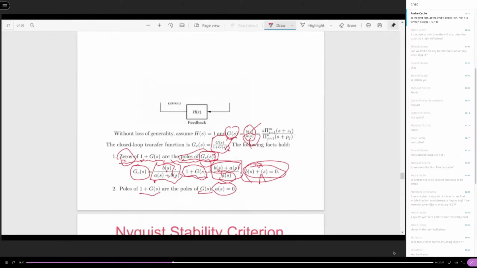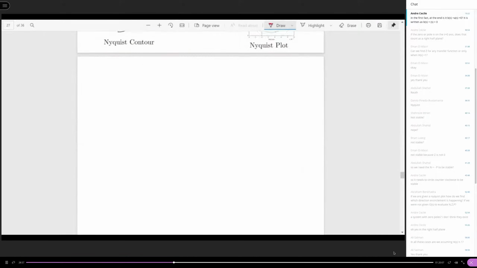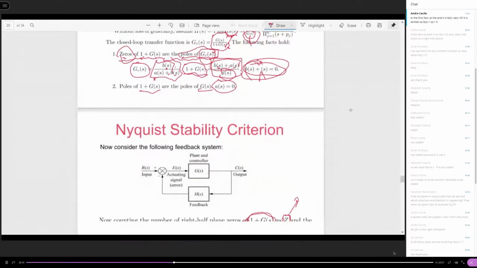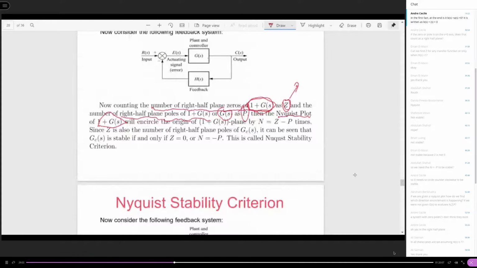Here I'm going to use the conclusion that we established before, a very simple fact. The net number of encirclements around the origin of the 1 plus G(s) plane is going to be equal to Z minus P times.